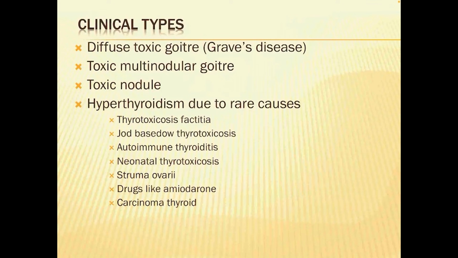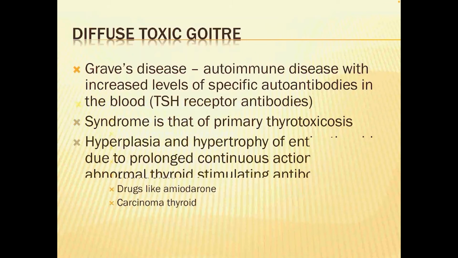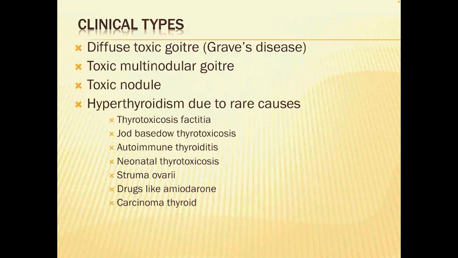The rare causes of hyperthyroidism can be asked as a 2-mark question, which includes thyrotoxicosis, Jod-Basedow thyrotoxicosis, autoimmune thyroiditis, neonatal thyrotoxicosis, struma ovarii, and drugs like amiodarone. Amiodarone can cause thyrotoxicosis, and carcinoma of the thyroid. These are all the various pathological conditions that can cause increased T3, T4, which can manifest as hyperthyroidism.